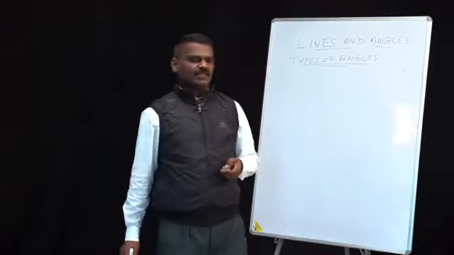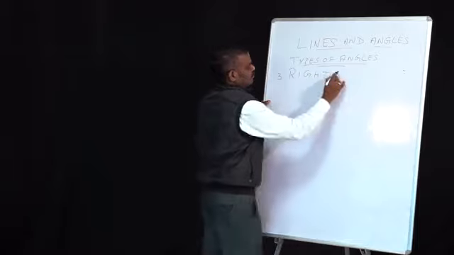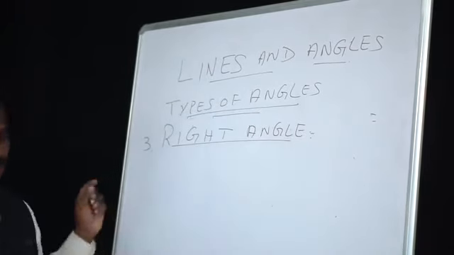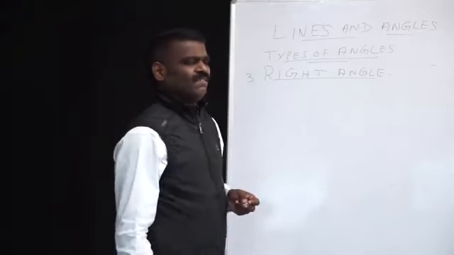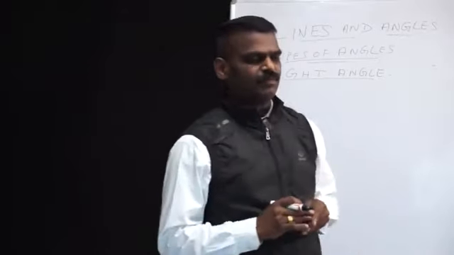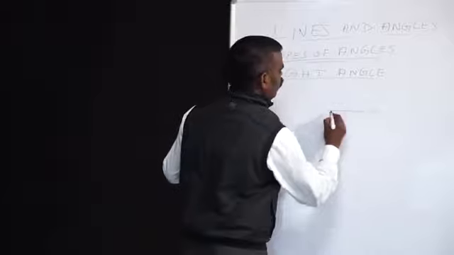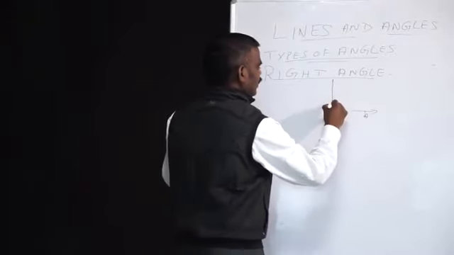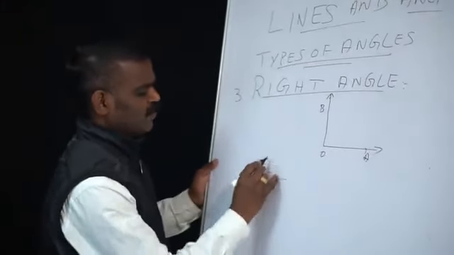Next comes right angles. Right angles. When two rays meet, ray AO and another ray AB, in such a way at perpendicular, this is called the perpendicular symbol, okay?